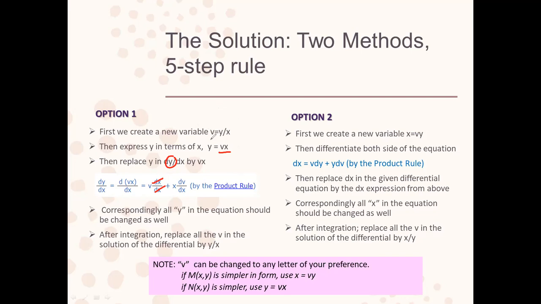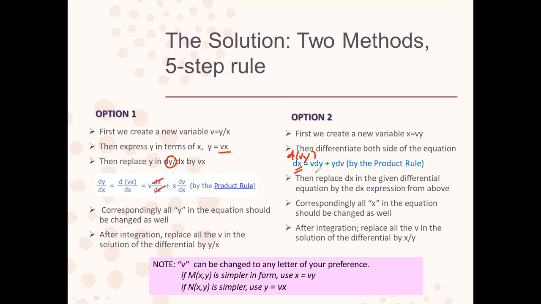Now, actually, option 2 is just an offshoot of this one. So you change the variable x to vy, and as such, the differential of x, you see this x here, in the differential of x, you change that to d of vy. Then you are to use product rule. So that would be first term times the derivative of the second plus second times the derivative of the first.